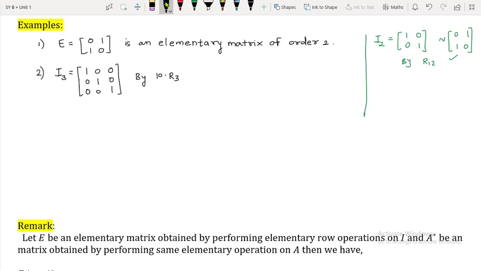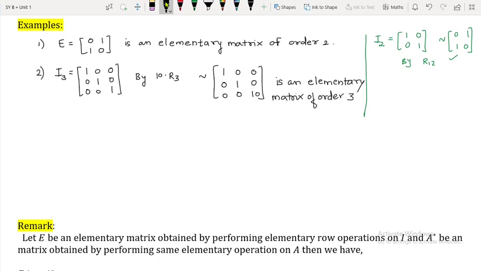You will get a new matrix: 1, 0, 0, 0, 1, 0 and 0, 0, 10, right? So this is an elementary matrix of order 3. I hope you are getting my point.